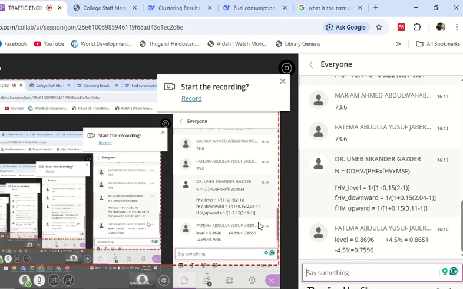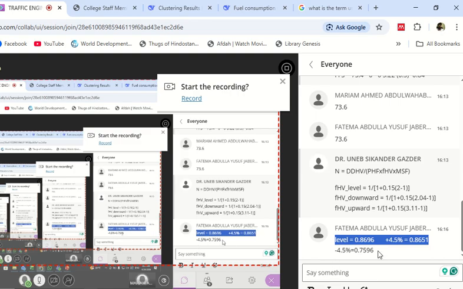So now you can see downward is taken as negative. So 0.86 is negative, right? Negative 4.5%. Oh, sorry, level and downward are equal. Positive means upward. So this should be like this.